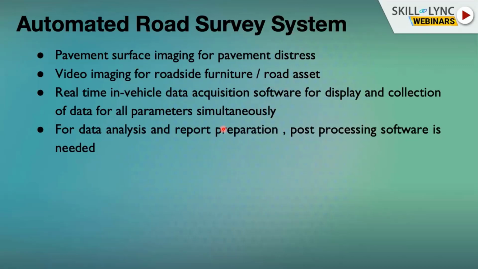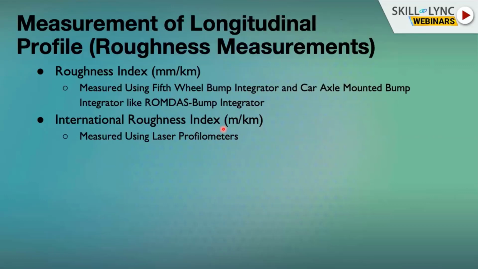Finally, we have one data acquisition software for data collection, to display all the data and check the data at the site itself. There is also post-processing software which helps with data analysis and the preparation of reports. These are the functions of the automated road survey system.